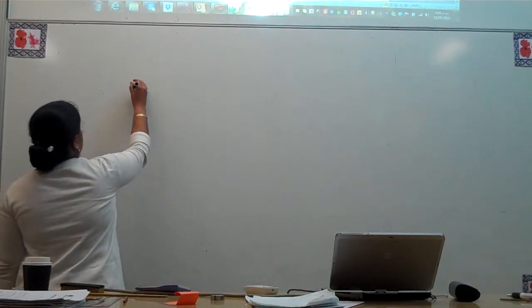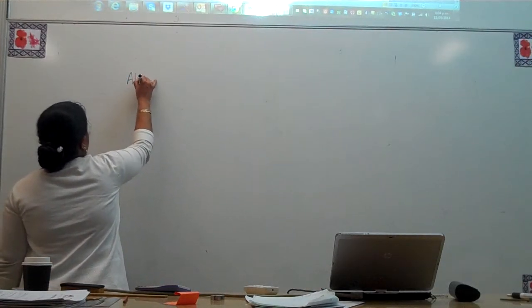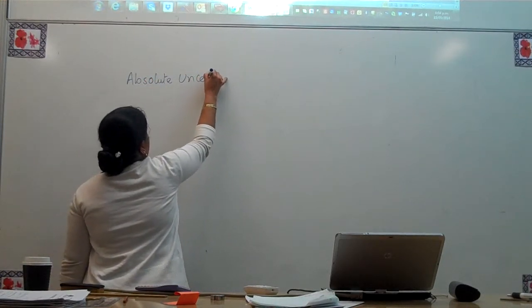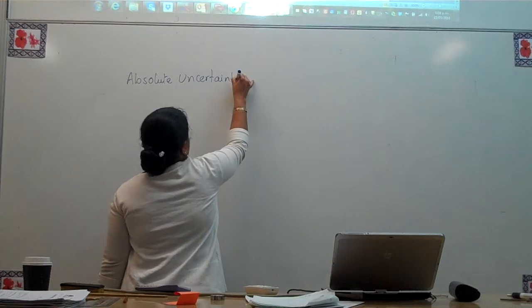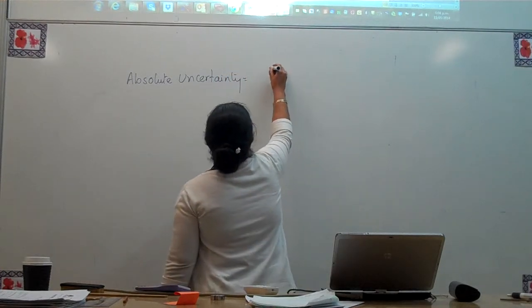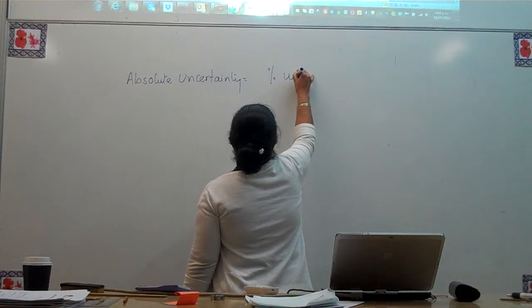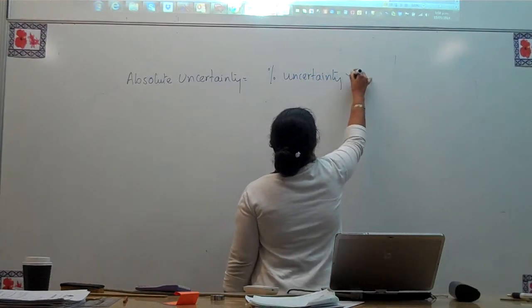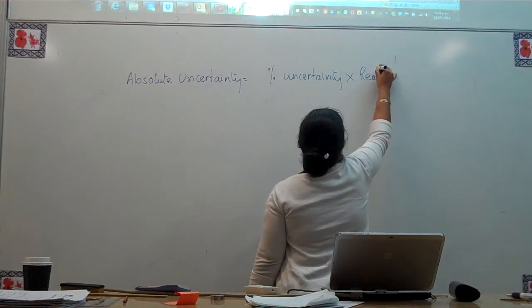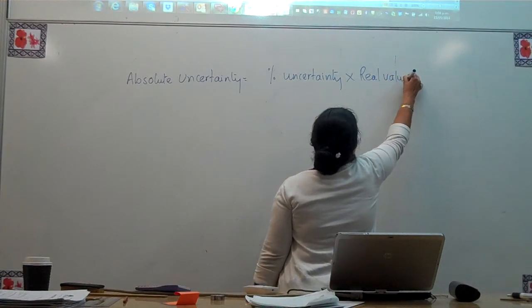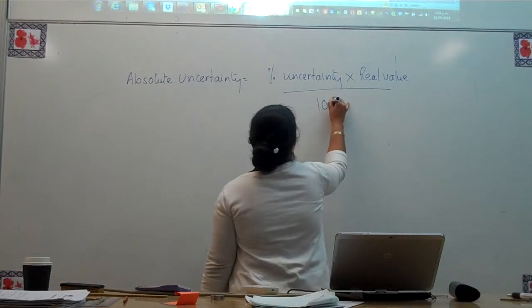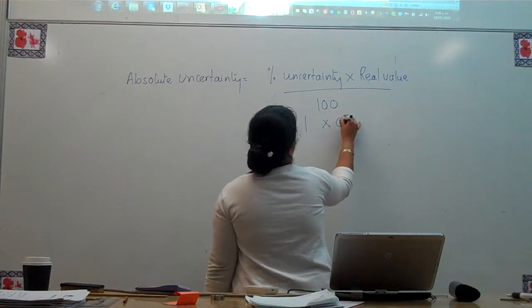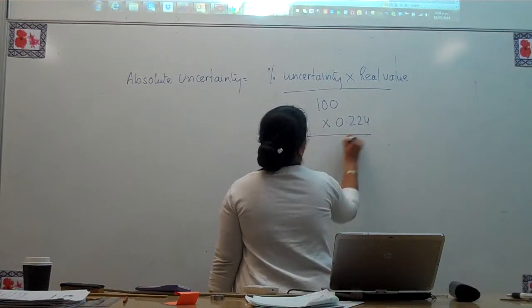Absolute uncertainty is percentage uncertainty times real value divided by 100. So your percentage uncertainty is 1 times 0.224 divided by 100.